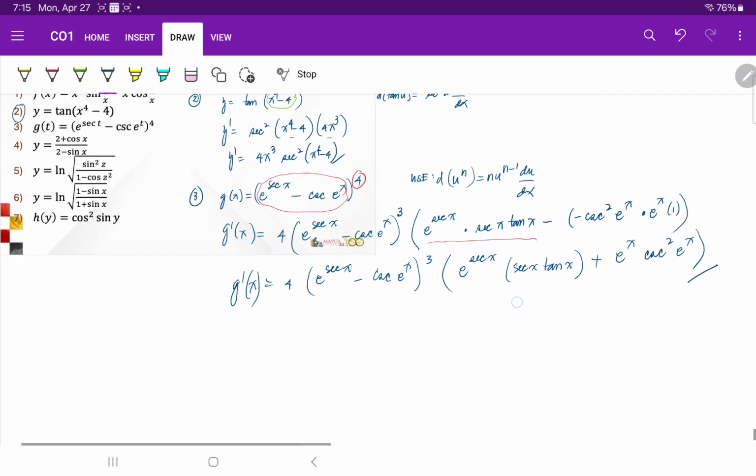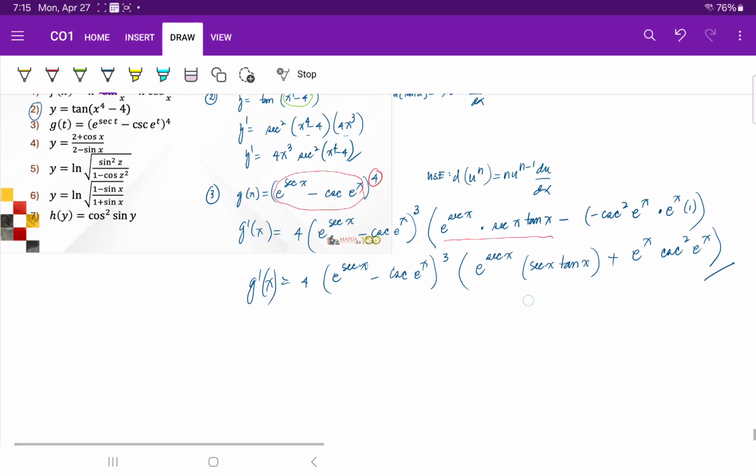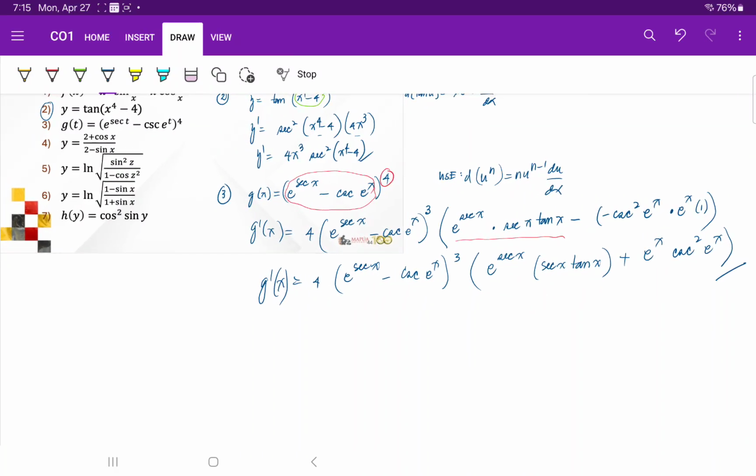Alright, now let's try number 7. So h of y is, hold on, cosine square of sine of y.